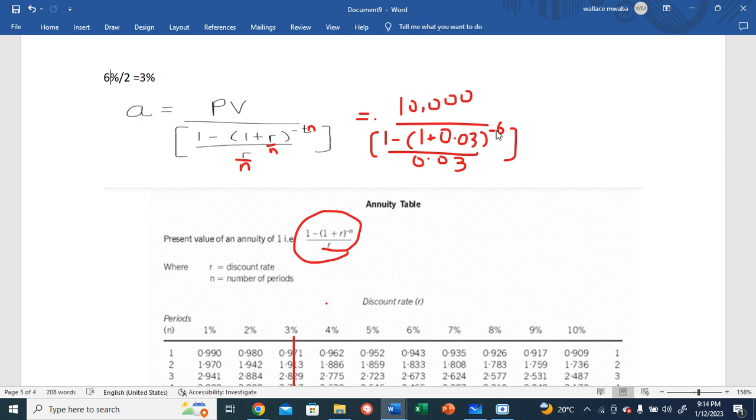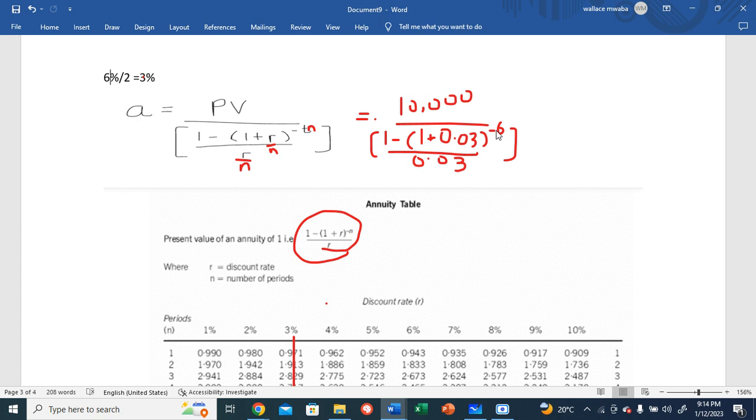1.03 to the power negative 6. Are we getting 0.8374? Okay, so then 1 minus 0.8374.